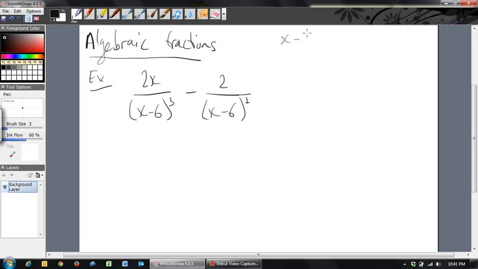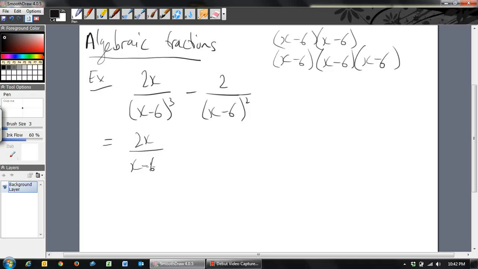Okay, so at the moment we've got (x minus 6) squared, which means (x minus 6)(x minus 6), and what we want to get it to is (x minus 6)(x minus 6)(x minus 6). That's (x minus 6) cubed there. So we need to times it by x minus 6. So let's do that. 2x over (x minus 6) cubed minus 2 over (x minus 6) squared.